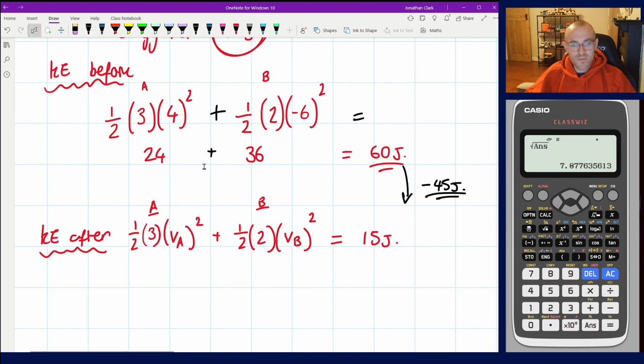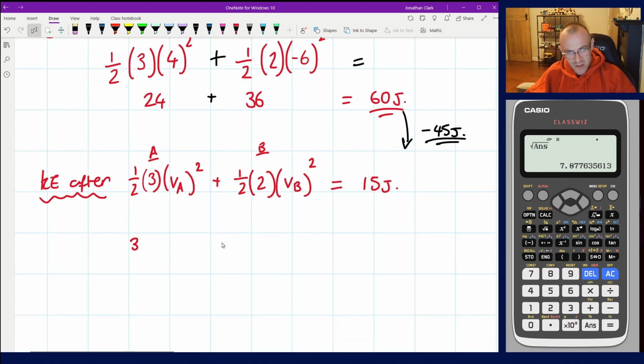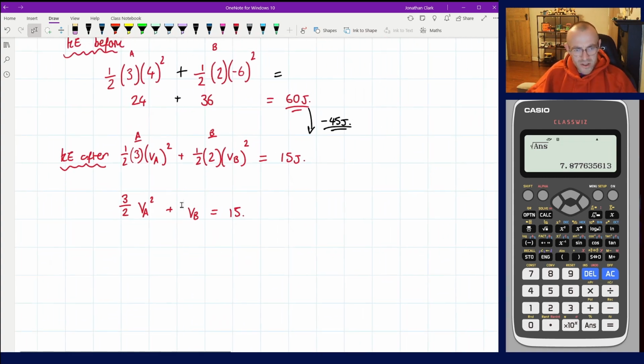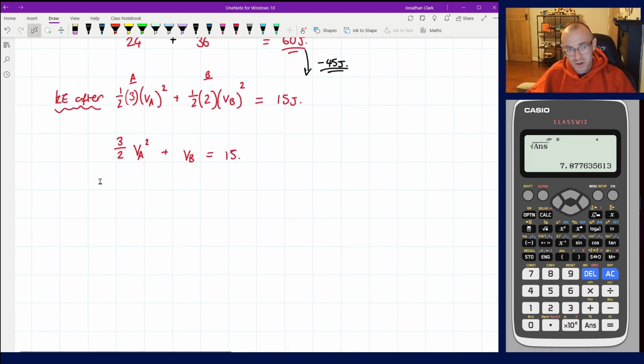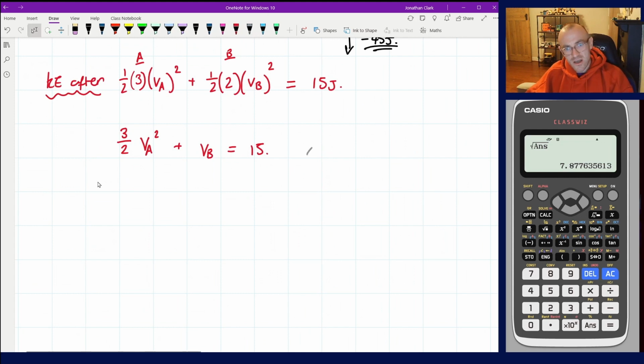And these things should be equal. So if I tidy this up a little bit, it's going to be 3 over 2 VA squared plus VB squared equal to 15. What's the equation I'm supposed to get? 3VA squared plus 2VB squared equals 30. Okay, so I've pretty much got it. I just need to double everything.